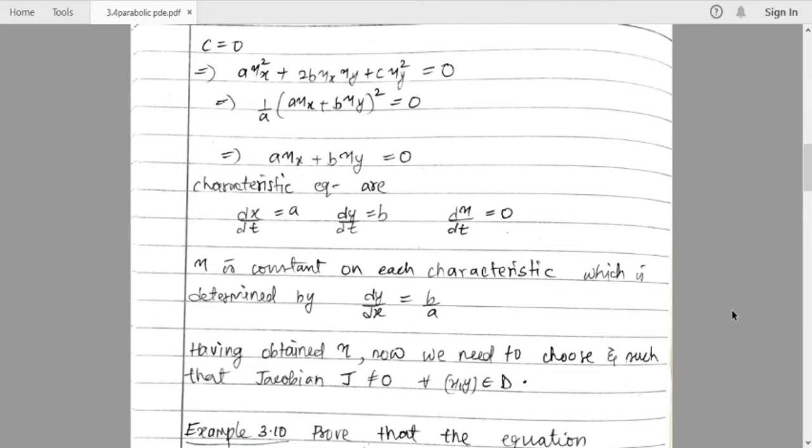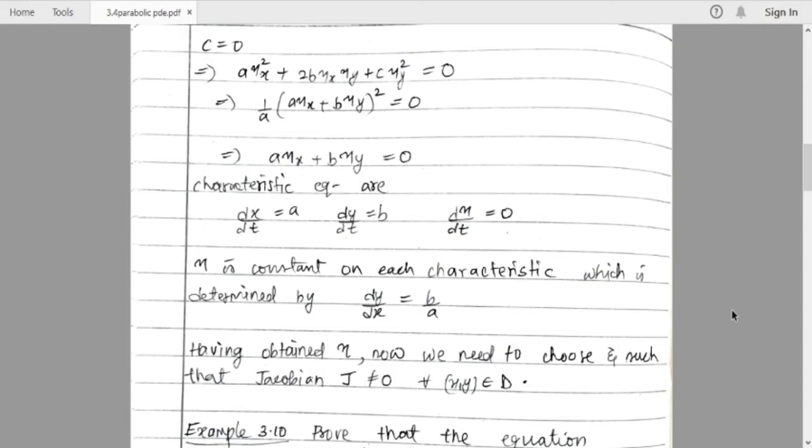See example 3.10. Prove that the equation x square uxx minus 2xy uxy plus y square uyy plus x ux plus y uy equal to 0 is parabolic, and find its canonical form, and find the general solution on the half plane x greater than 0. So we have to show that it is parabolic.